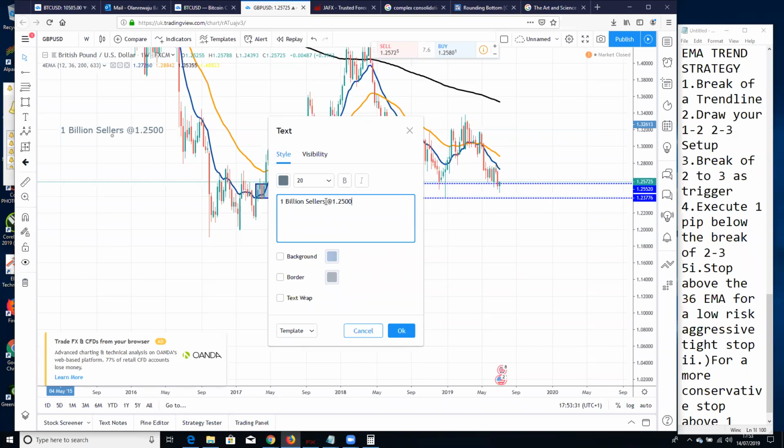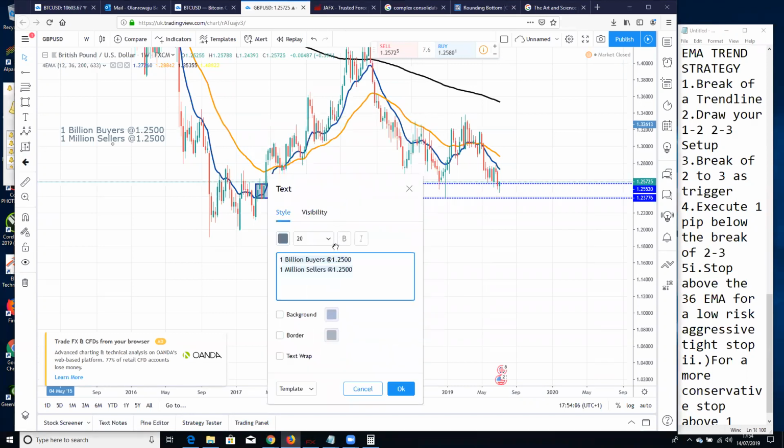Let's say 1 billion buyers, if you can see this in the market or know where they are. Okay, 1 billion buyers at 1.25, and we only have 1 million sellers at 1.2500. If you have access to this information, and you can see 1 billion buyers in this zone against 1 million sellers in this zone, how would you know?